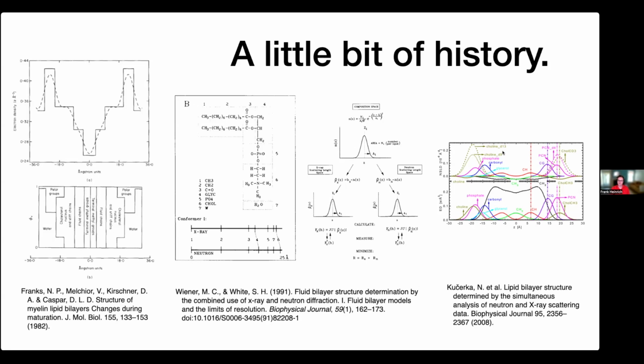I listed that mostly because of how impactful their work has been using composition space modeling. So this is their SDP model here, developed by Norbert Kucerka, in which they did a lot of diffraction work on lipid bilayers. And most of what we know, or much of what we know about lipid bilayer structure, came from that group and composition space modeling.